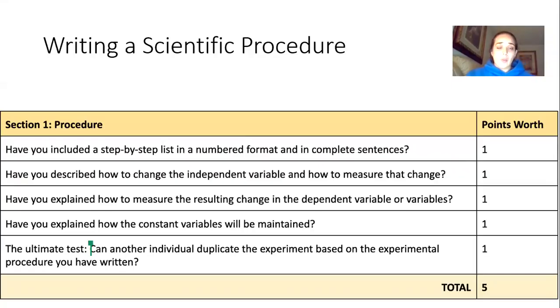There is a procedure rubric that you will be using to grade your procedure for this lesson. You should use this rubric to guide yourself through writing your procedure. This table is in your classwork document as well, so you can refer to it there.